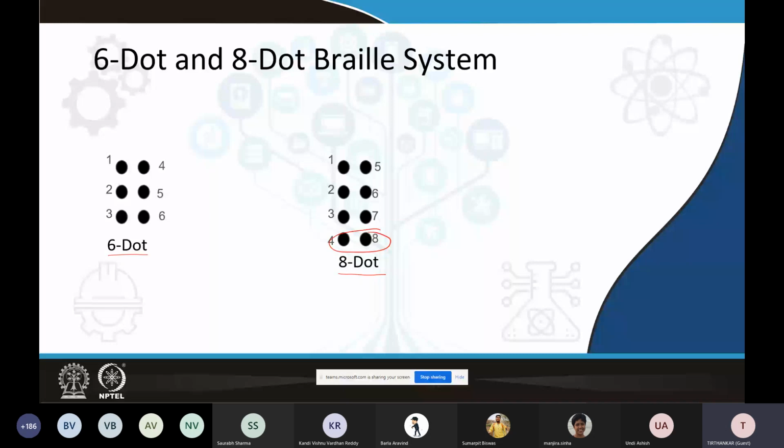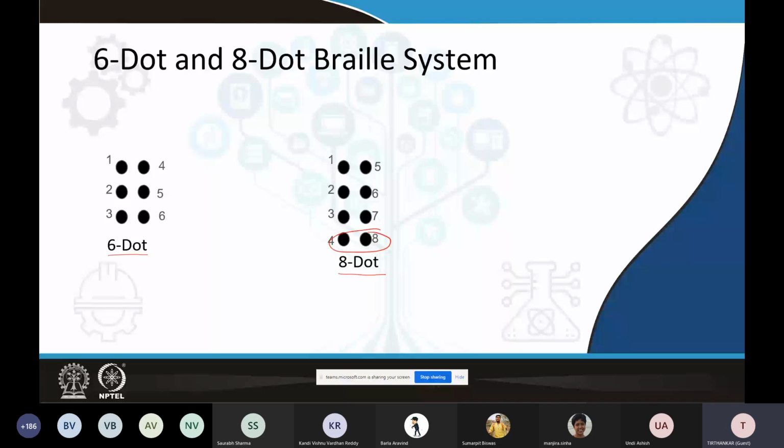Starting from your printer, starting from your software that can write these 8-dot Braille systems, everything has to change, right? And the learning process also needs to change, because people are more conversant with the existing 6-dot system in their education and academics.